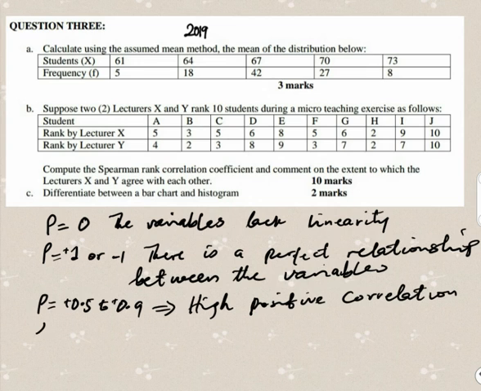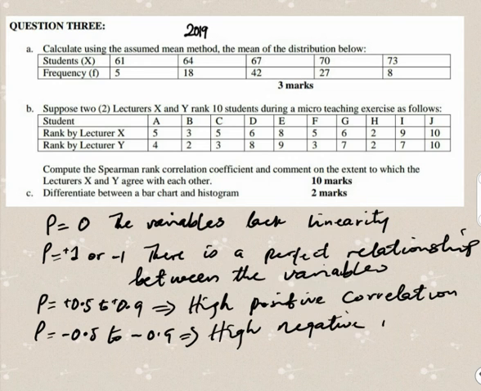And if the correlation coefficient ranges from negative 0.5 to negative 0.9, we say high negative correlation exists between the variables X and Y. All right, so this is some of the things we're going to meet as we move on.